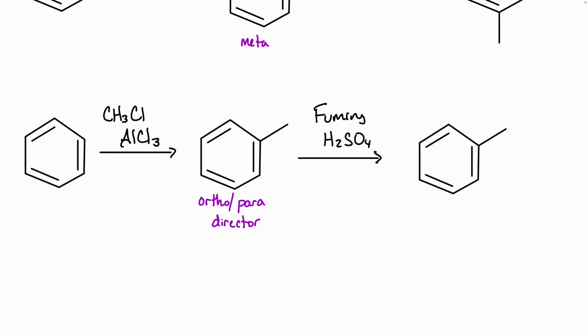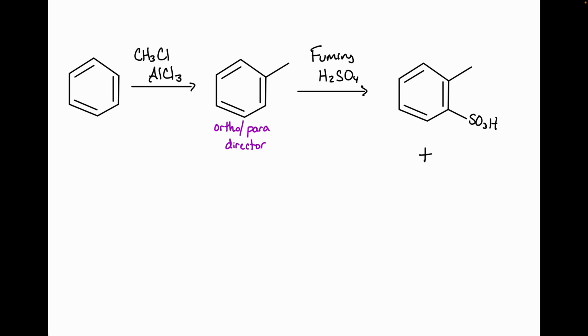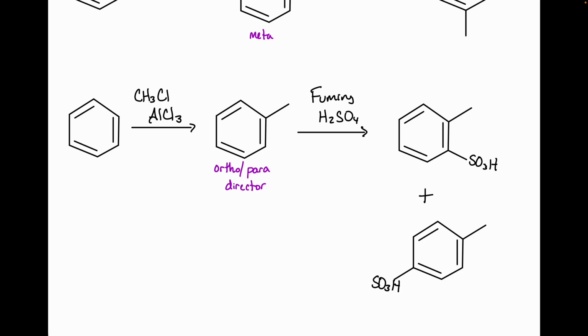One where that SO3H group is right next door to that methyl group. And then another product where it is on the opposite side of the ring. All right, our ortho and our para product.